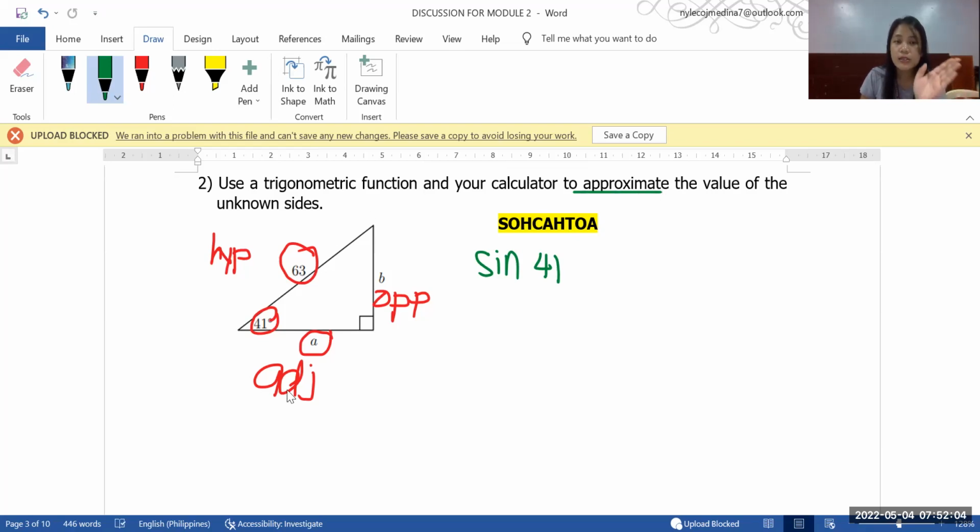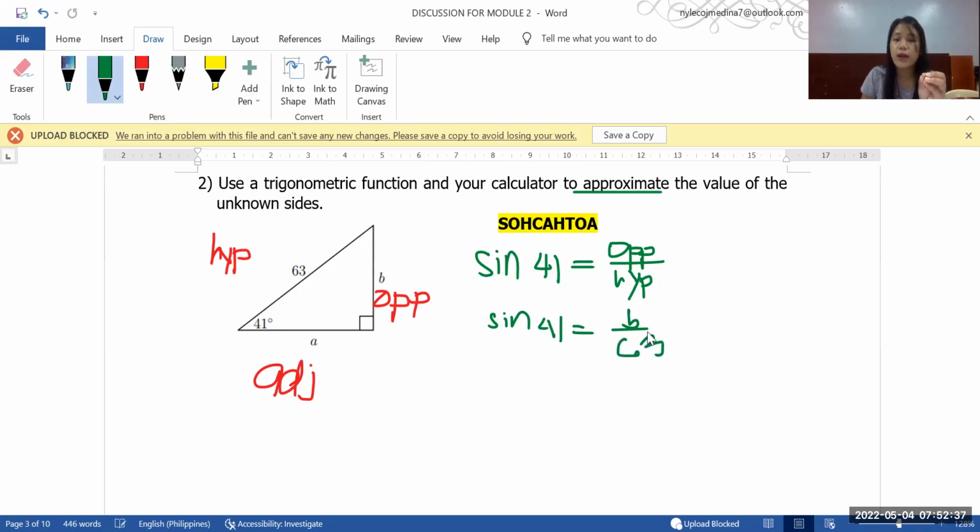The unknown sides is your A and B, kasi makikita ninyo, walang value si A, walang value si B. So we know that sine is your opposite over hypotenuse. So sine 41 equals opposite, and the opposite natin ay B. The hypotenuse natin ay 63.